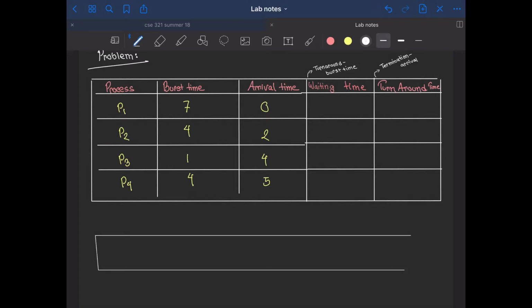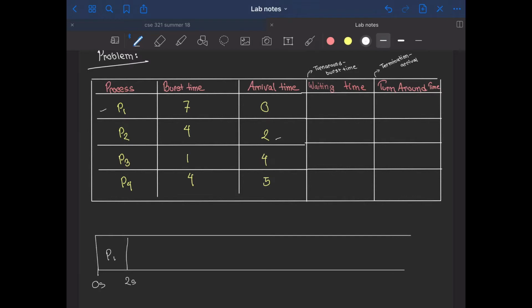Initially we have P1, right? P1 has an arrival time of 0. So at the 0th second, P1 gets the CPU, and P1 works for 2 seconds, because at the 2nd second another process comes into the RAM.